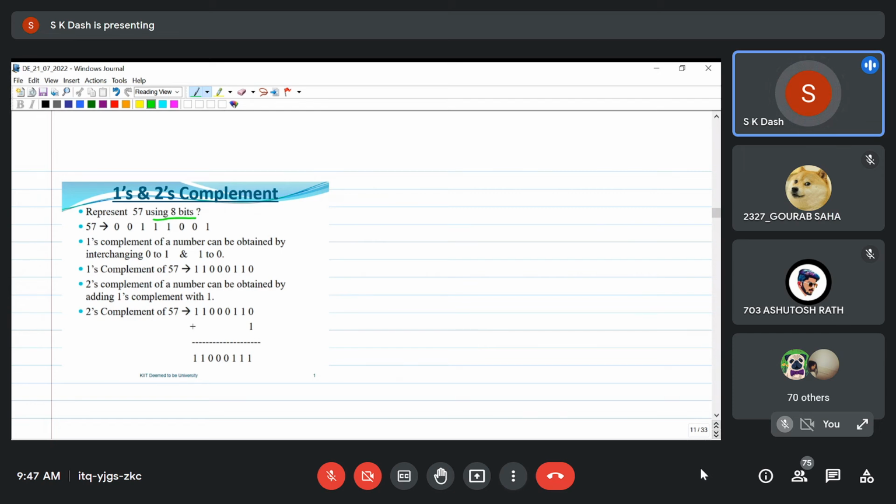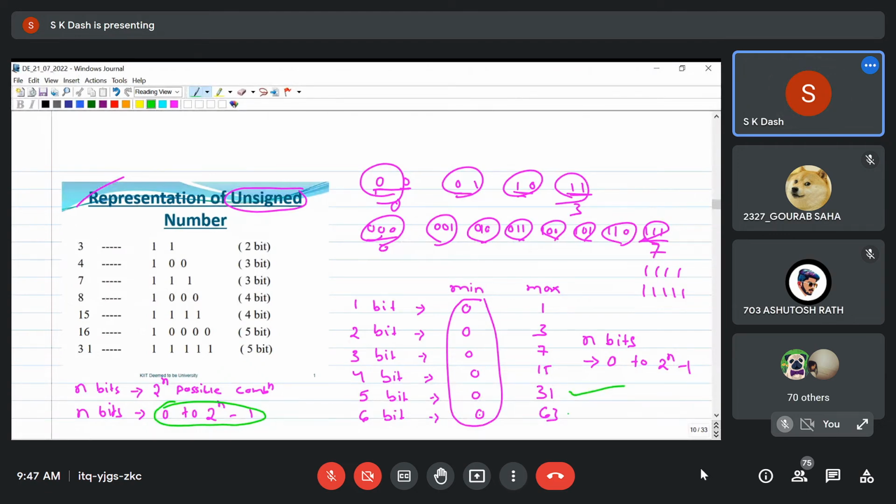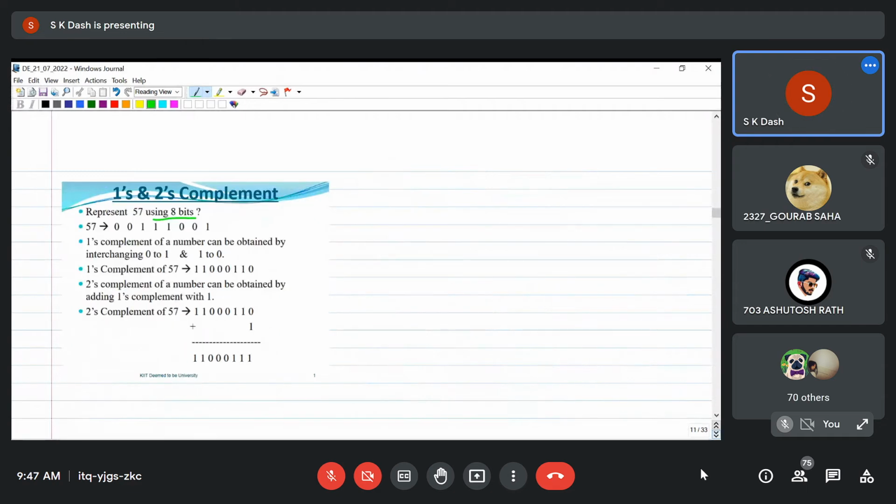So the maximum will be 6. We discussed that we can represent 0 to 2 to the power n minus 1. By using 5 bits, we can represent from 0 to 31. Using 6 bits, we can represent from 0 to 63. So for 57, 6 bits will be required. Let me take the first 6 bits: 1, 2, 4, 8, 16, 32.